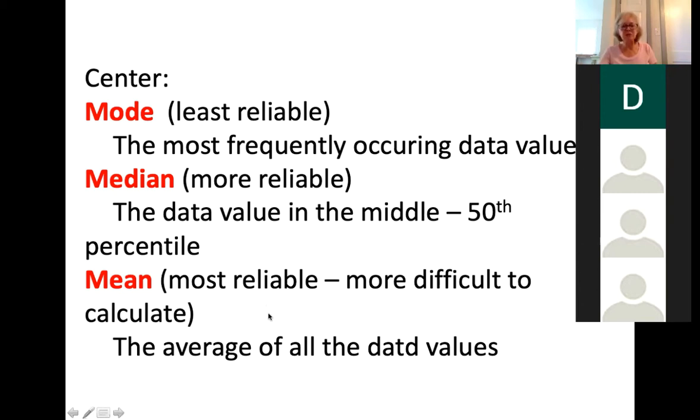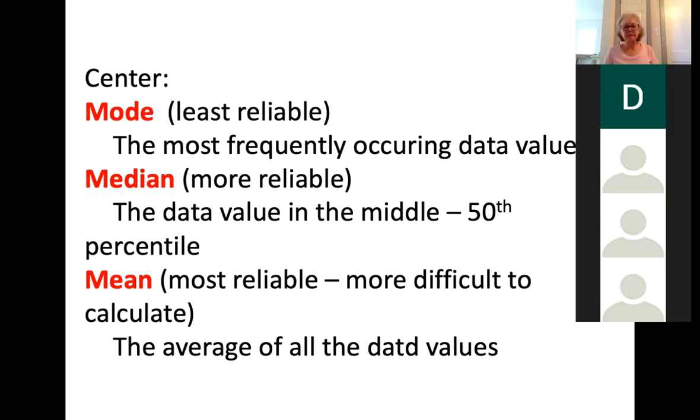It takes into account every single data value. It takes into account the 42, the 43, and the 5 people that got 100, okay? You take all of your data, you add it up, and you divide by, say, 35, if there's 35 students. It's basically the average of all the data. It is the most reliable.